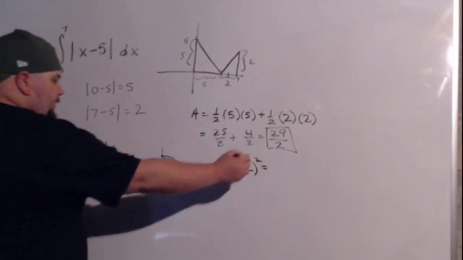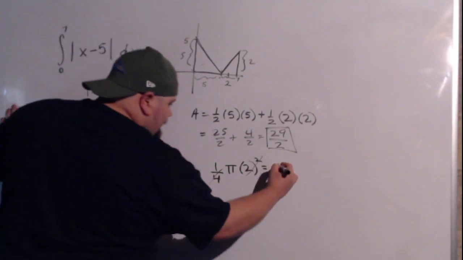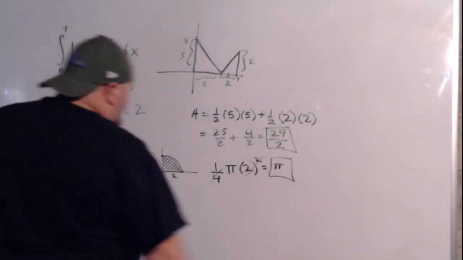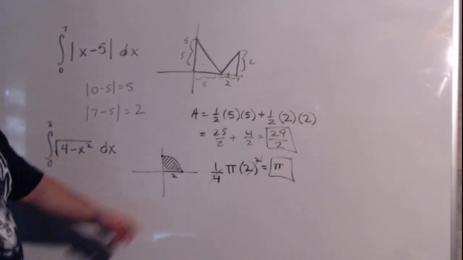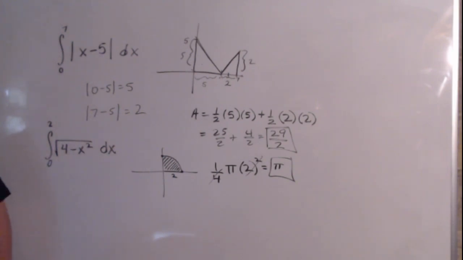We're dividing by 4. Pi. Again, you will have no idea how to do this integral until you take Calculus 2. So that's a pretty powerful tool to be able to find that.